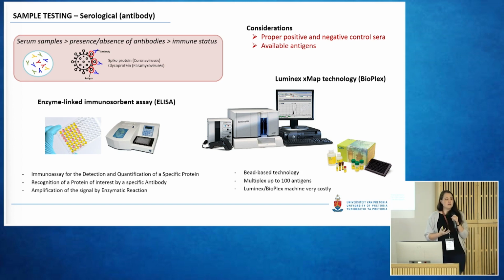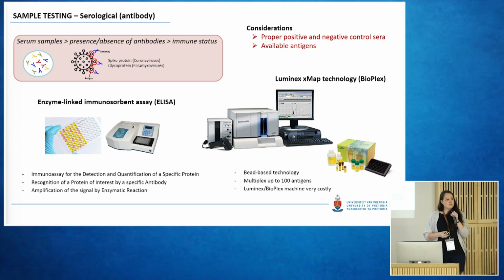That would just plainly be the collecting of your serum samples and looking at the presence or absence of antibodies, which will give you information on the immune status against the virus. The target of antibodies is usually an antigen, and the antigen would be, for instance, the surface proteins of your viruses, for example spike proteins in coronaviruses or glycoproteins in paramyxoviruses.